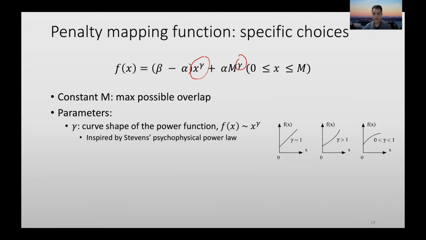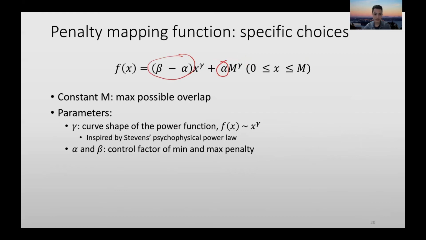You can also say that f(x) is linear to a power function. This is inspired by the Stevens psychophysical power law from perception. We also have alpha and beta to control the minimum and maximum penalty. There are more details in the paper and supplemental material. You can check it out for detailed analysis of these parameters.